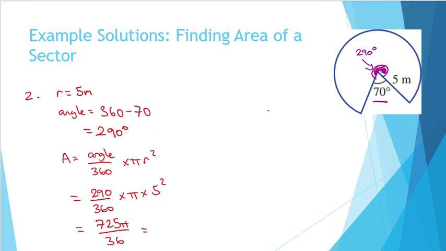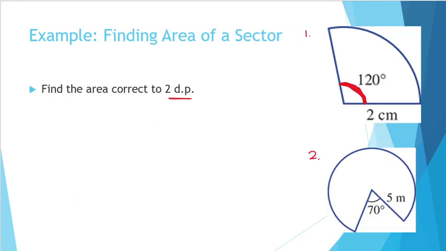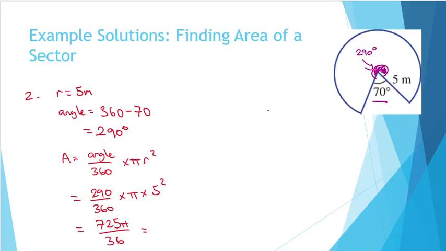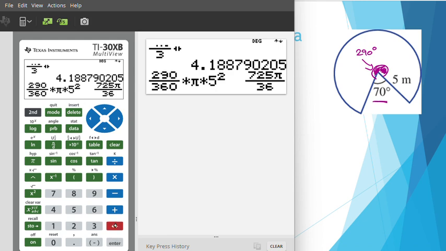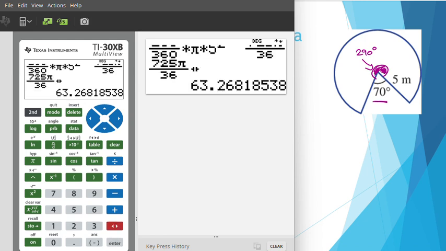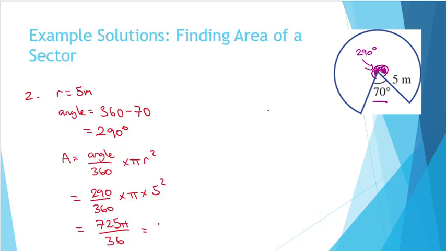Now, because we are rounding to two decimal places, on our calculator, just press this funny double arrowed button. So now it becomes 63.268.